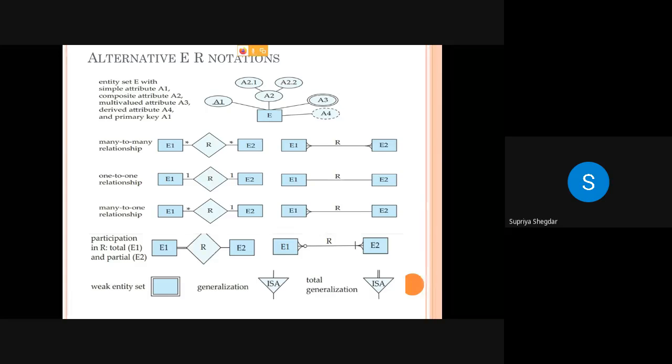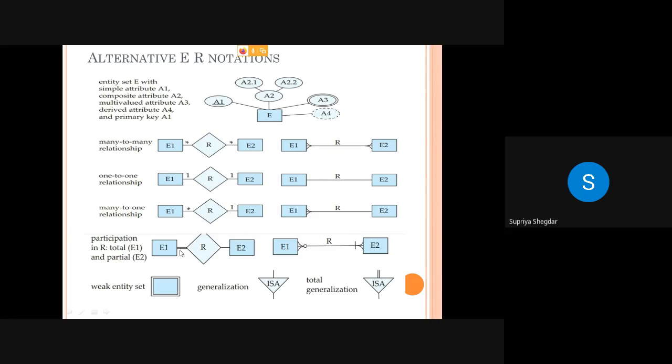Then again, the many-to-many relationship: either we can represent it with the help of a simple line and a directed line, or we can represent it with the help of a star and the one. If the many-to-many relationship is there, then we can represent it with a star. If it is one-to-one, then we can represent it with one. Then again, the participation, total and partial.